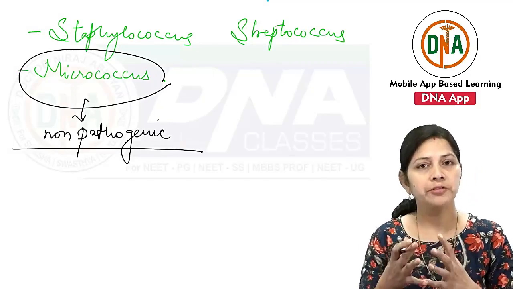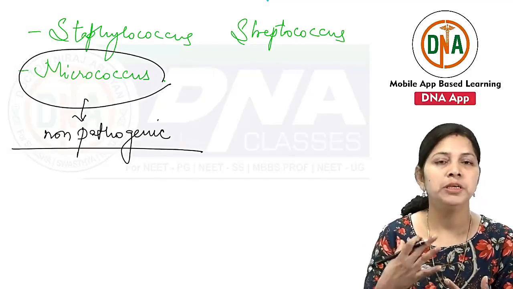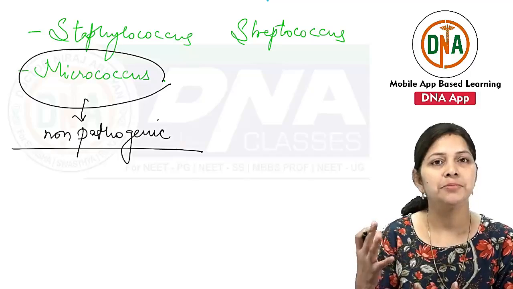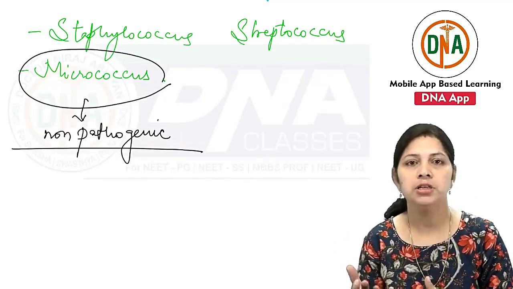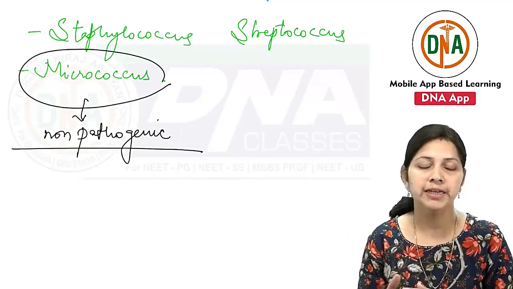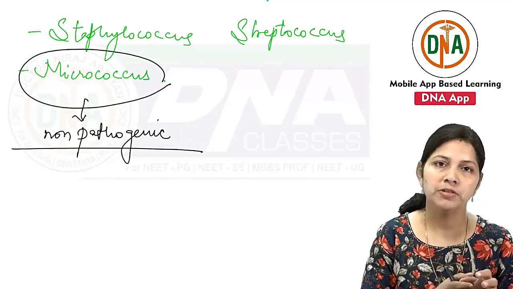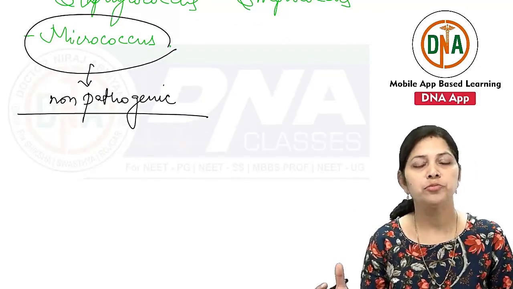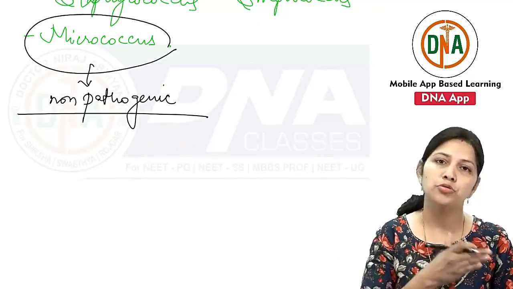Okay, so whenever across the examination, be it a direct examination or if we are getting a culture isolate resembling Staphylococcus, we have to differentiate it from the pathogenic one, that is Staphylococcus. So how can we do this? Right from the microscopic examination to the culture to confirmation.